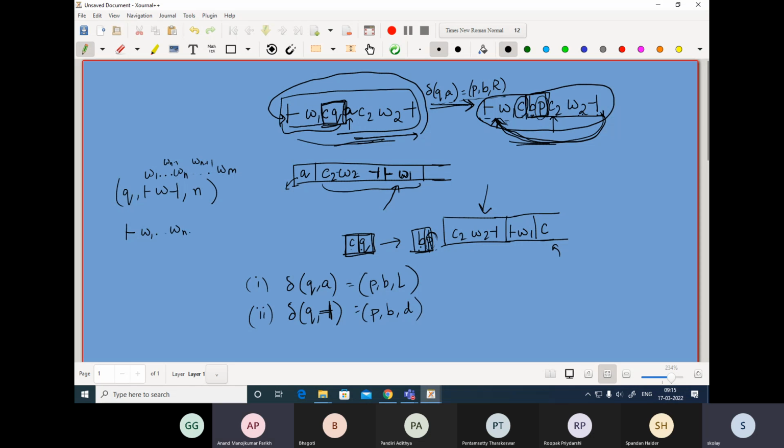What I do is W1 up to Wn minus 1, q, Wn, Wn plus 1 up to Wm. So my claim is this string is an encoding of this configuration. Okay, ma'am, I got it.